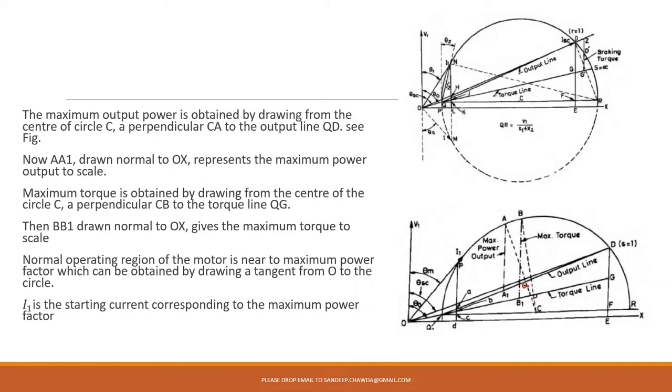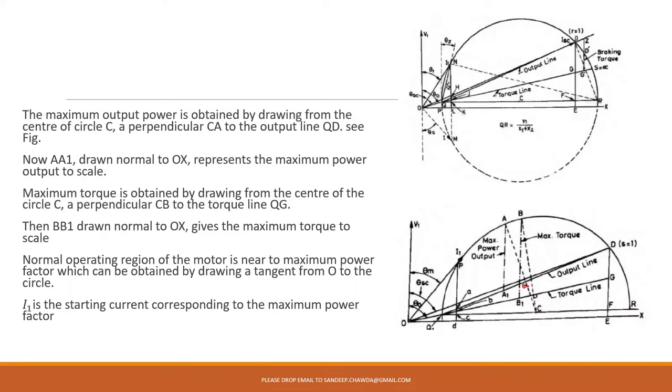So basically this from here. Okay, so here what we have done, the maximum output power is obtained by drawing from the center of circle C a perpendicular CA to the output line QD.